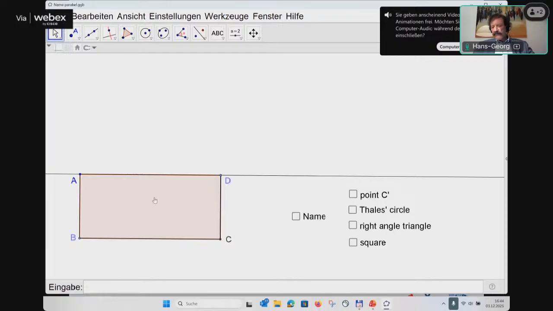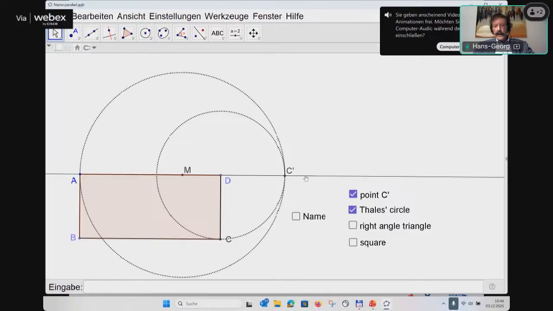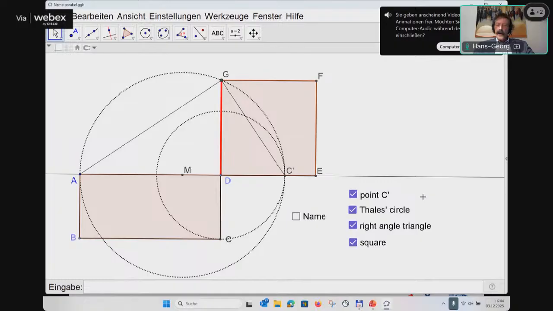It's a well-known construction. You do here the point C, and you have the circle, in Germany we call it the circle of Thales. Then you get a right angle triangle and you get this square. And you know that this square has the same area as this rectangle with these sides.